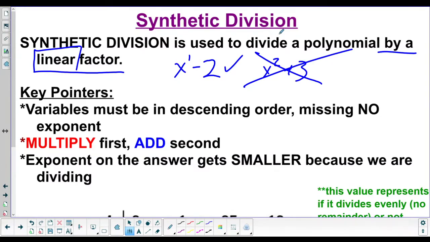Okay. Some key pointers I want to point out. Variables must be in descending order. That's standard form. How do you spell standard? Standard? Sure. Form. And we cannot have missing exponents. You can't miss any. If you skip some, you have to fill them in.